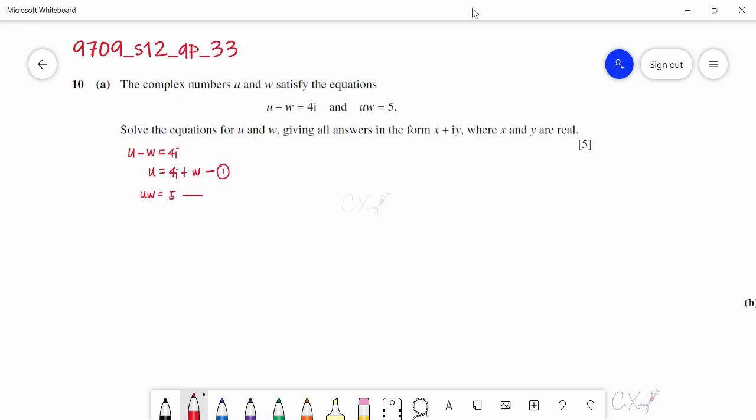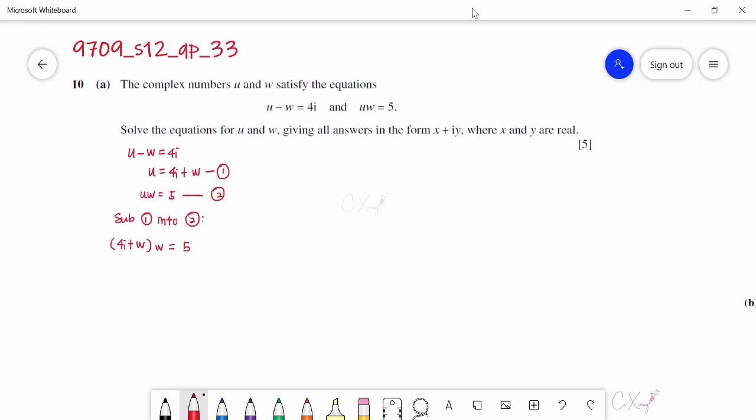This is my second equation. Then from here I can solve the simultaneous equations. So I will substitute equation number 1 into equation number 2. So U is 4i plus W, multiplied with W, and it equals 5.